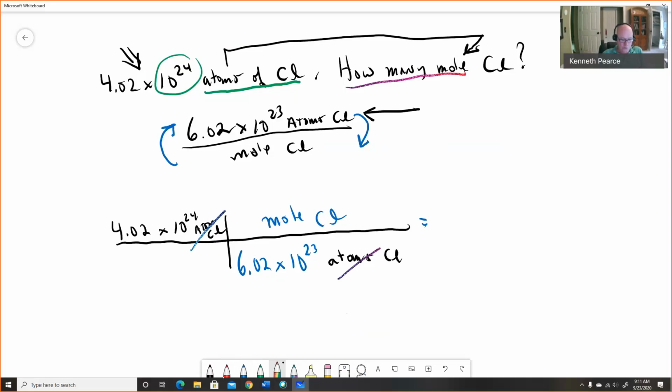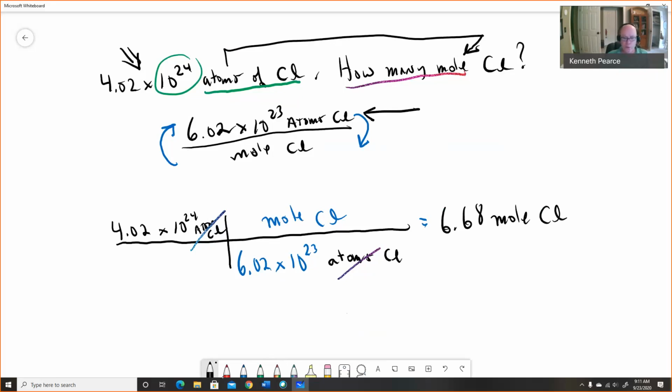So we're going to go 4.02, second EE, to the 24th this time, divided by 6.02 to the 23rd, and I get 6.68 mole chlorine.